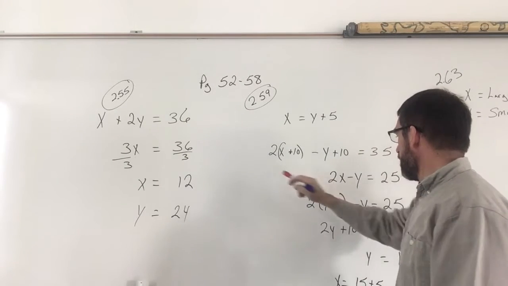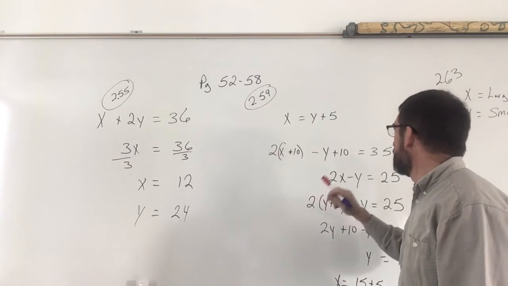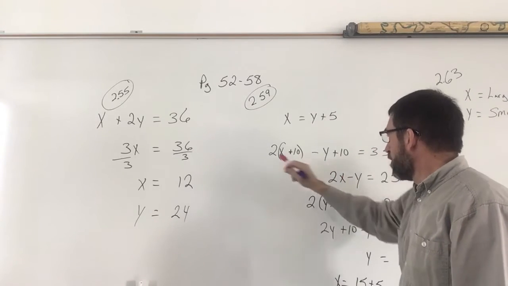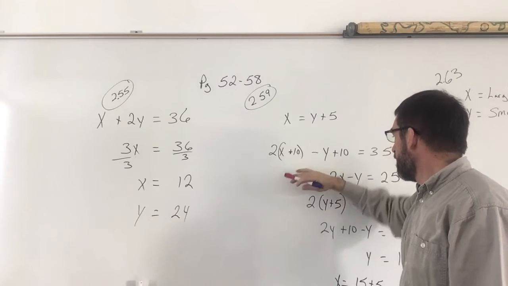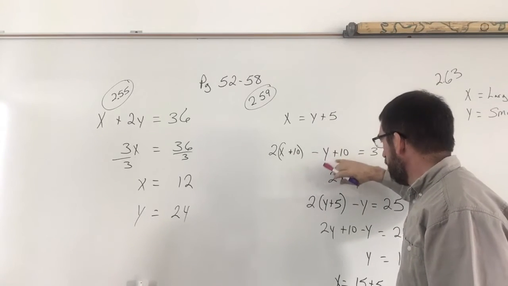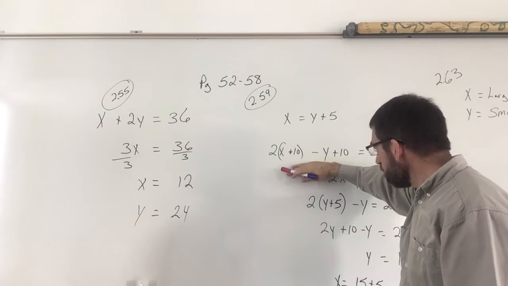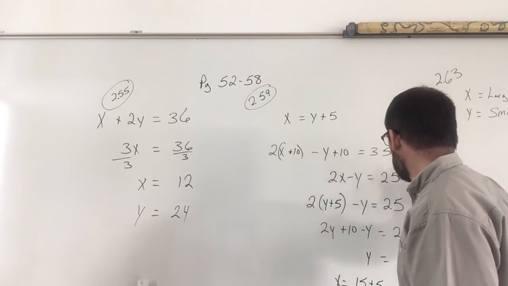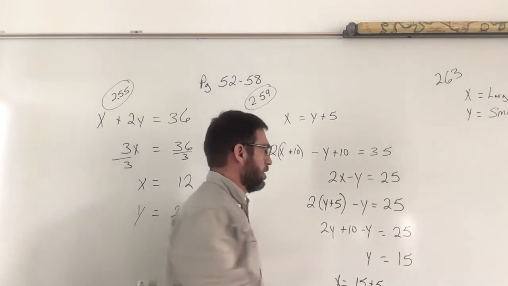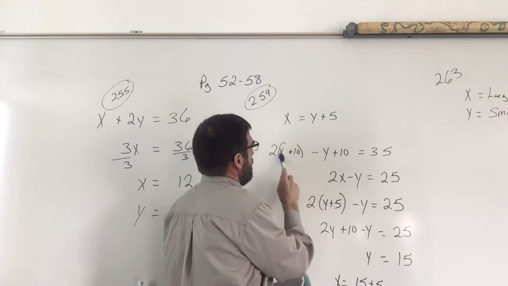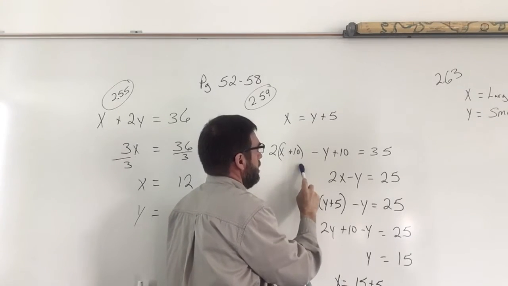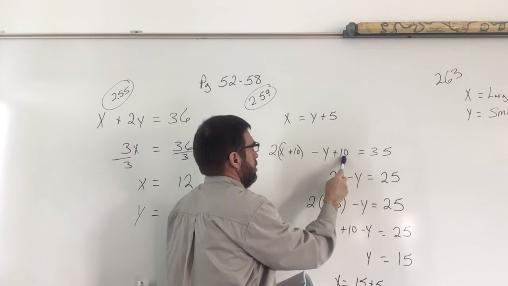Okay, so now I can multiply: 2 times X is 2X. 2 times 10 is 20, and I have 10 here that I'm subtracting.